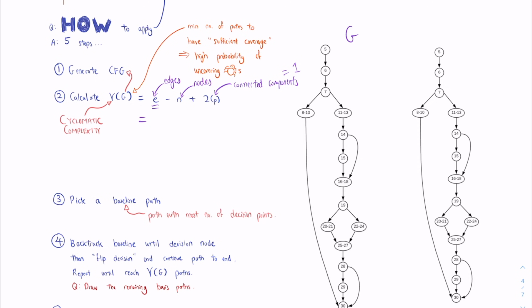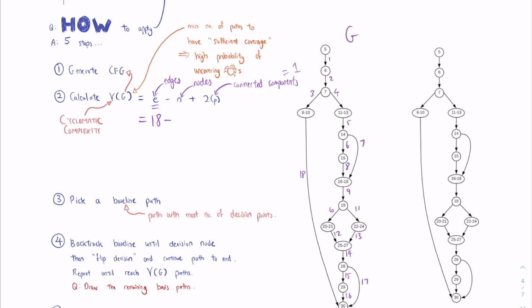We will just count them: 1, 2, 3, 4, 5, 6, 7, 8, 9, 10, 11, 12, 13, 14, 18. So E is equal to 18.